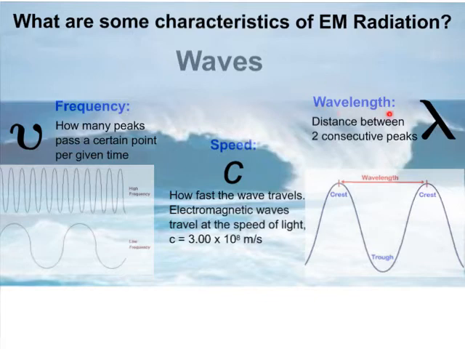The last characteristic is wavelength, which is represented by the Greek letter lambda. It looks a little unusual, but that is how it is represented. Wavelength is the distance between two consecutive peaks. So here we have a wave, another wave, and the distance between the crest of this peak and the crest of this peak is one wavelength.